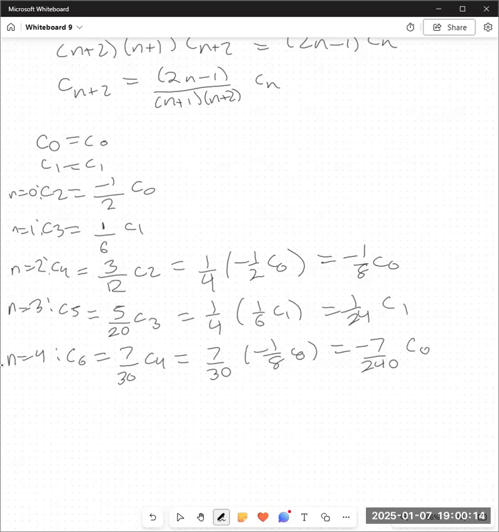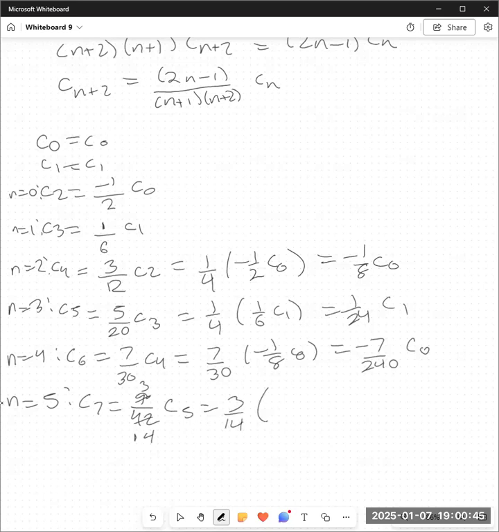And then when n equals 5, we have C7 is equal to 9 over 6 times 7 is 42. Both of those are divisible by 3. So that's 3 over 14 C5, 3 over 14.